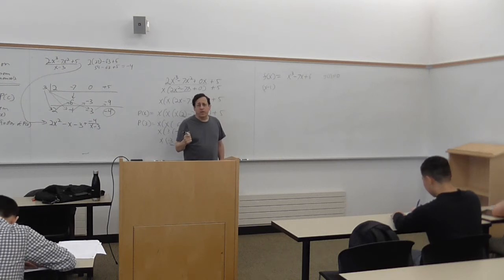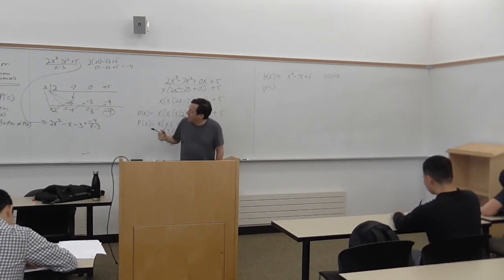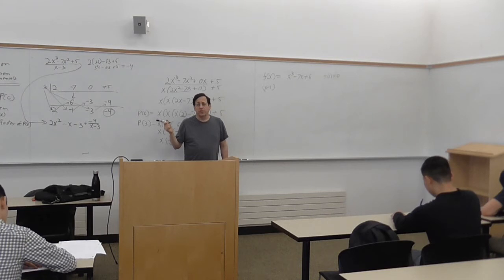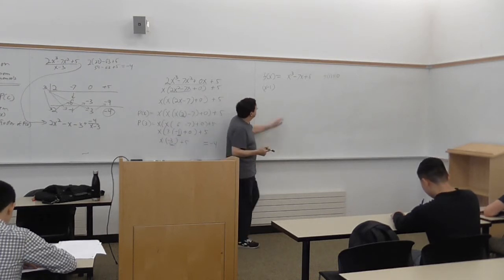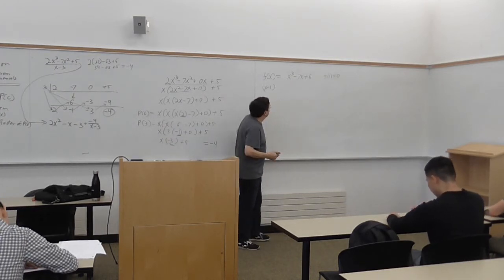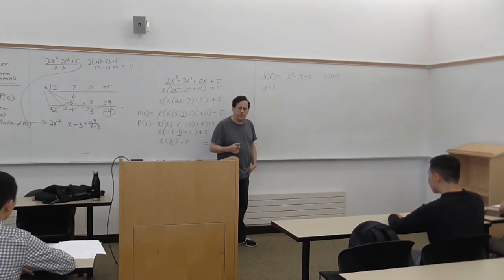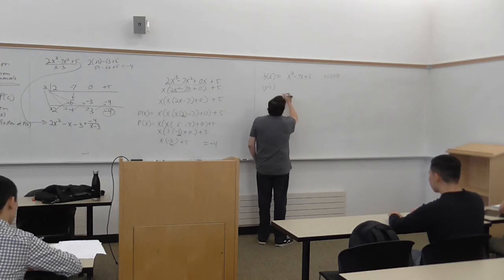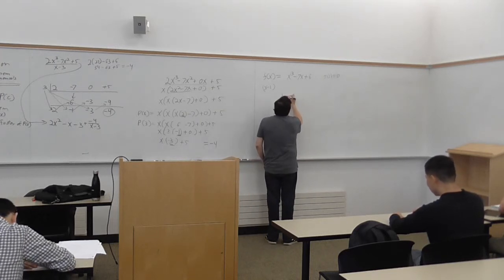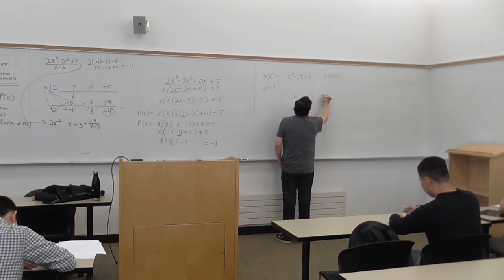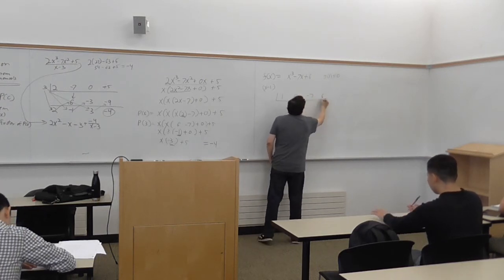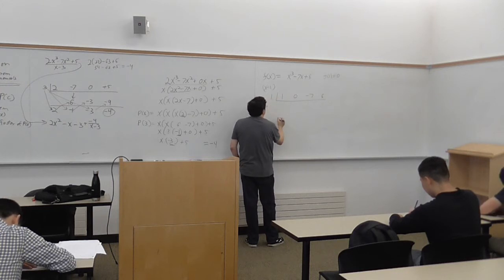At that point, I can either use long division or synthetic division and find out what's left. The other class I did long division. I'm going to challenge myself here, because I'm not so good at this. 1, 0, negative 7, 6. 1.